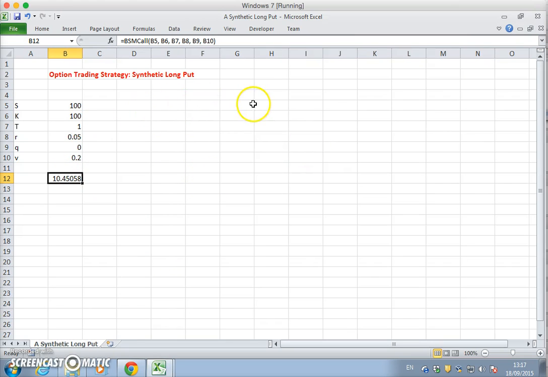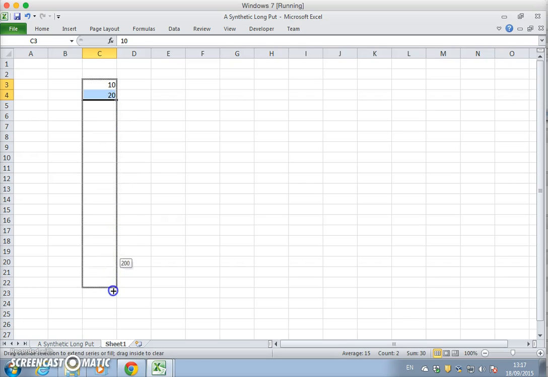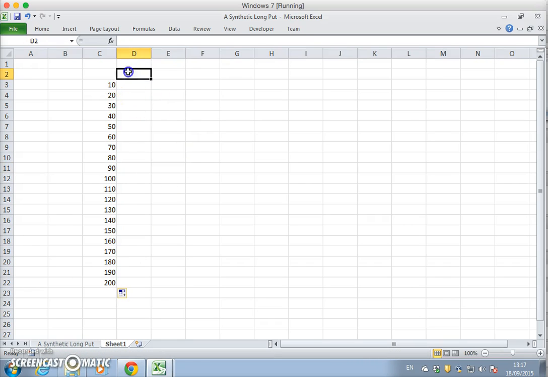Okay, now what I want to replicate is a long put position. If you think of a put option, we might think of a range of different stock prices, 10, 20, and so on, all the way up to, let's say, 200. A long put is equal to the maximum of the exercise price, typically K, minus the value of the underlying asset, or 0.